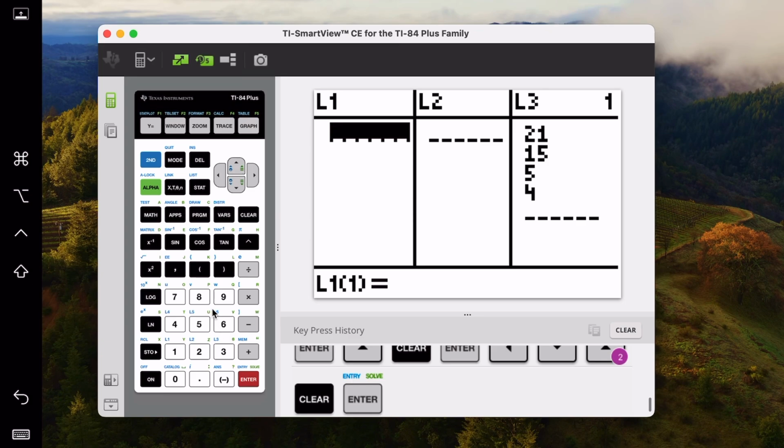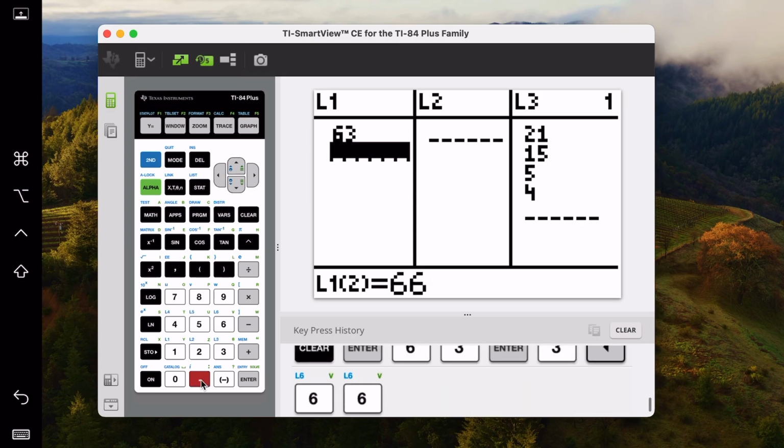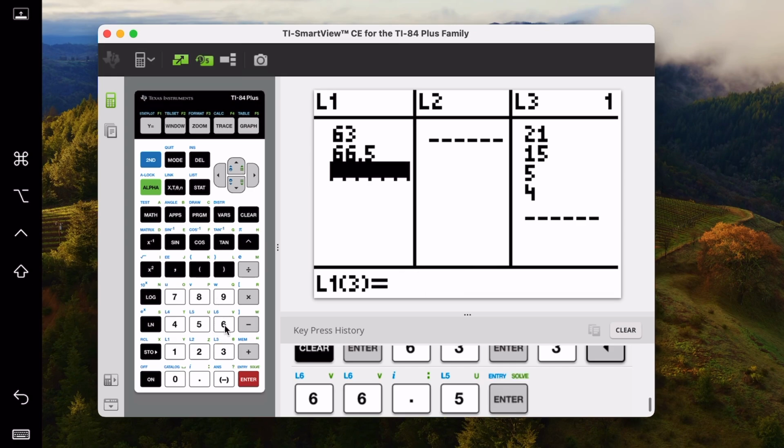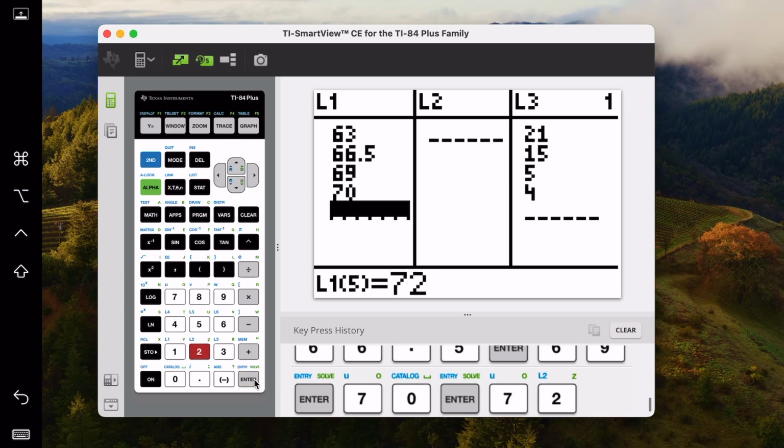And then we're going to enter our class representatives in list 1, our frequencies in list 2. So we have 69, we have 70, 72. Now, the key thing with this problem is that 70 to 71 would give me 70.5.